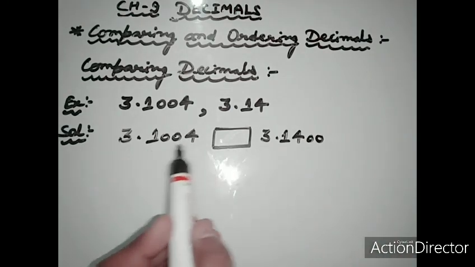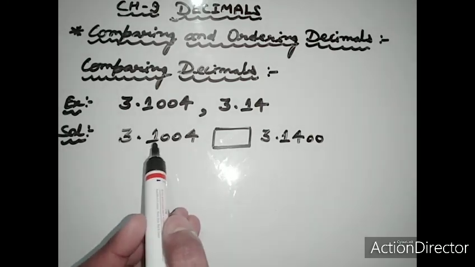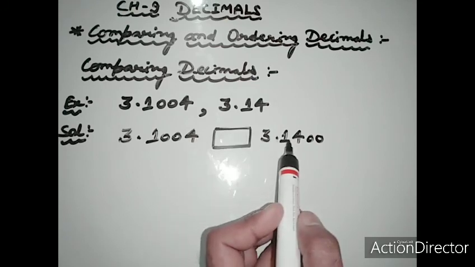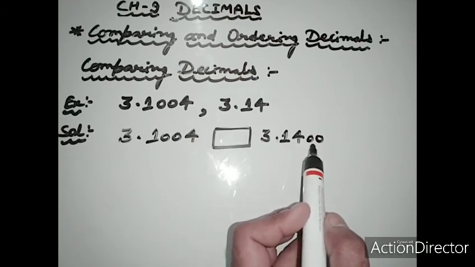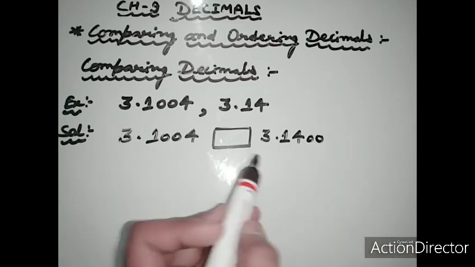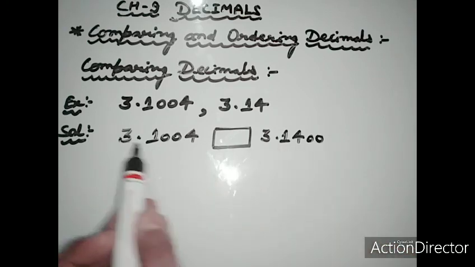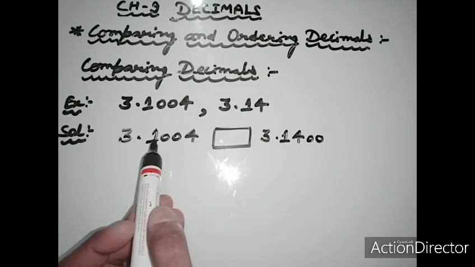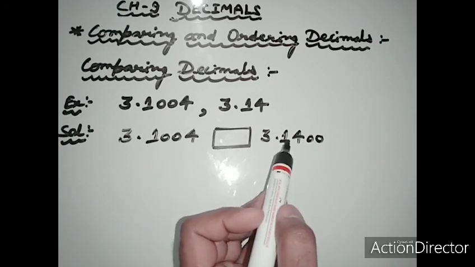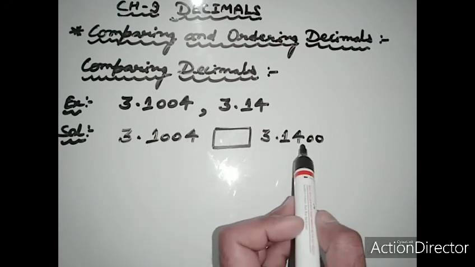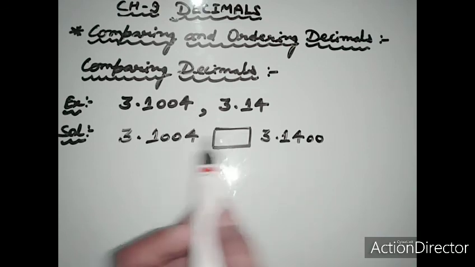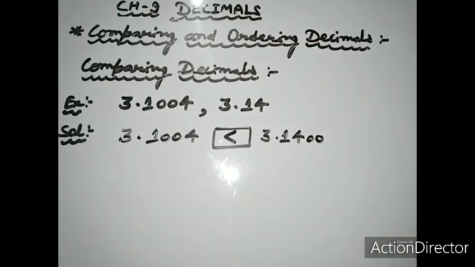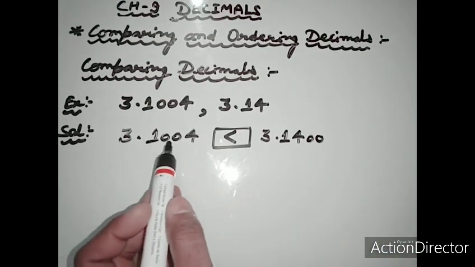Now both numbers have the same decimal places: tenths, hundredths, thousandths, ten-thousandths. Now we compare these two numbers. In the whole part there is 3 and 3, the same number, and after the decimal, in the tenths place, 1 is here. Now 0 and 4 are here. Which one is greater, 0 or 4? 4 is greater, so we say that 3.1400 is greater as compared to 3.1004.